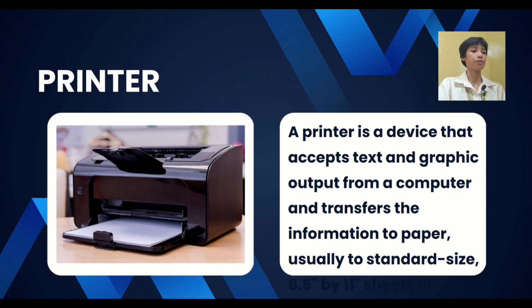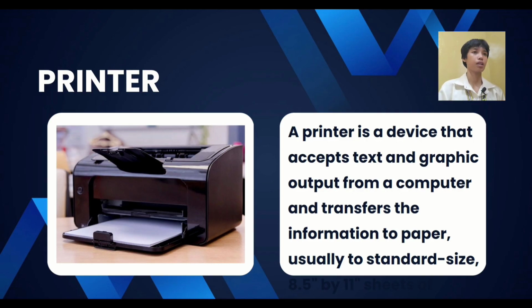And we have here the printer. A printer is a device that accepts text and graphic output from a computer and transfers the information to paper, usually standard size. So once we're done inputting all the information that we wanted in Microsoft Word, and we want to print that, you are using a printer.